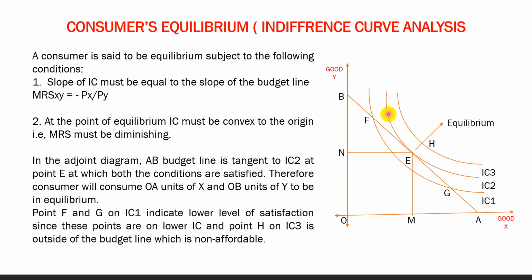If we consider any point here, suppose R, or any point in this area, the satisfaction is the same as at E. But at this level, what happens? The marginal rate of substitution of XY, that is the slope of the indifference curve at this level, is greater than the slope of the budget line.